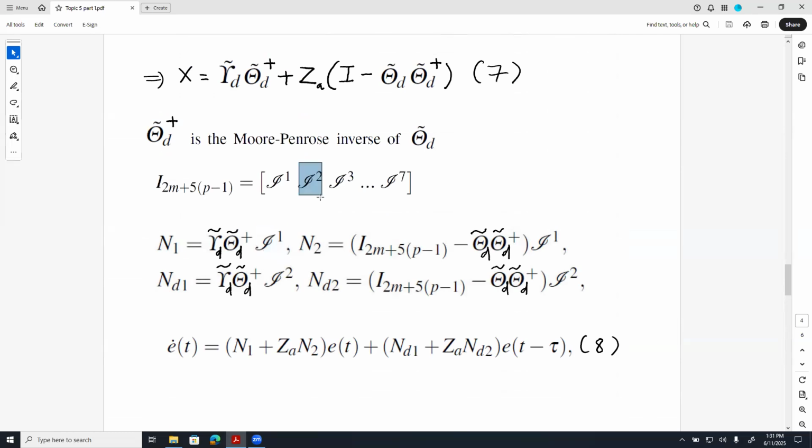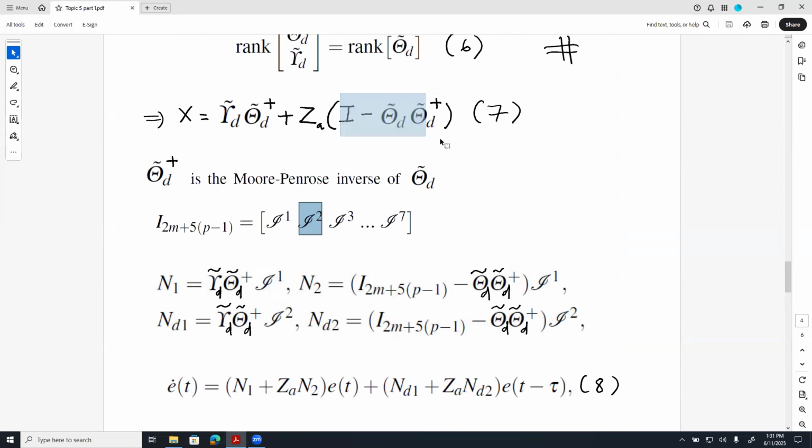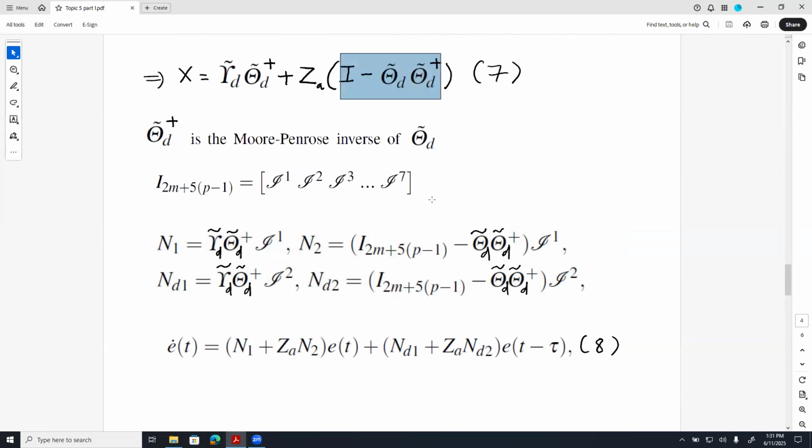The reason for that is when we have it like that, we can express explicitly the unknown matrix N in terms of N1 and a free matrix here times N2.